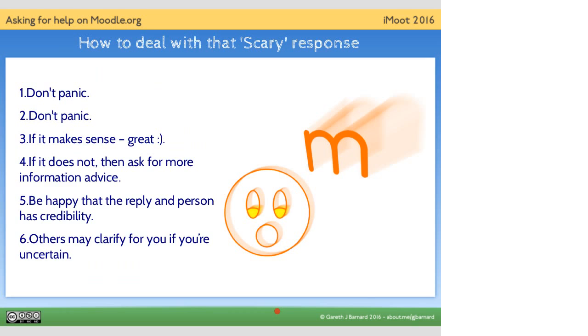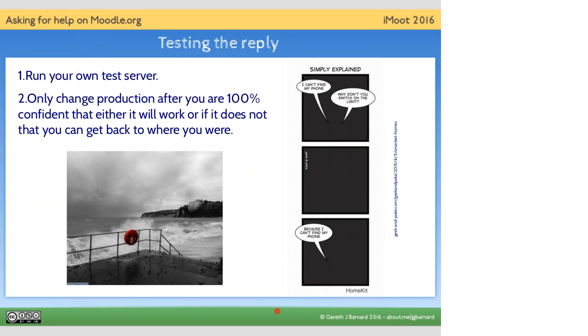Okay. Testing a reply. Now, maybe testing a reply on the production server may not be such a good idea, because sometimes as a developer, I'm guessing, okay, I want to try to replicate it on my own system, so yeah, go ahead. But there are so many combinations of Moodle and plugins, we can't test them all.